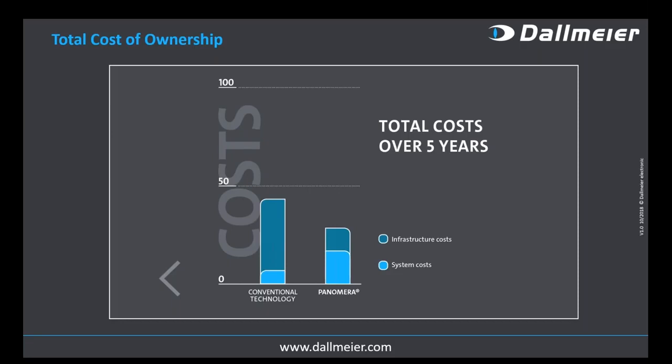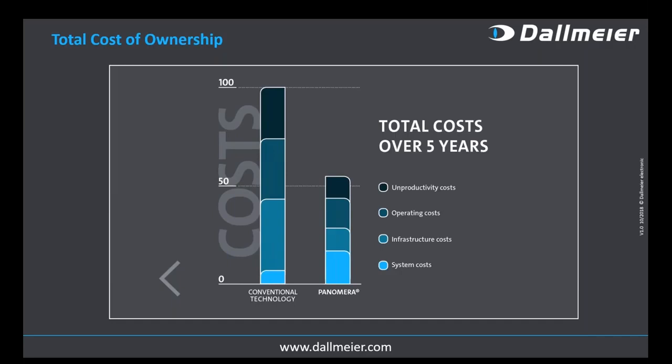I just had a look at my infrastructure offering from the competitive situation, and it was almost exactly 50% of the total cost, including the cameras, that the Dallmeier solution came up with at the end. Operating cost, I think I was hopefully able to give you an idea about how you save there.